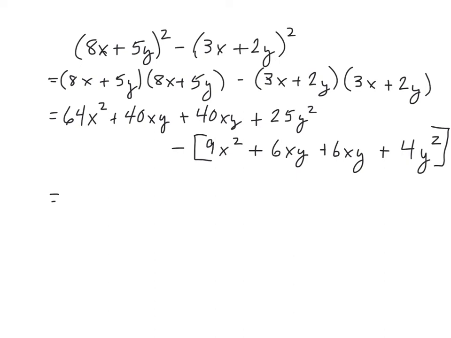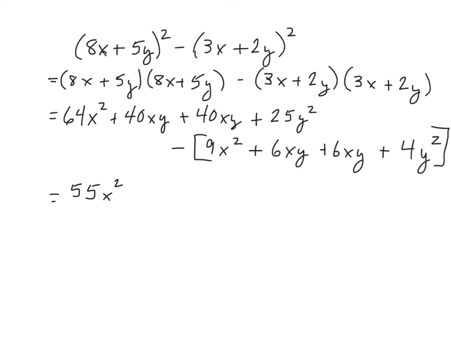We've got 64x squared minus 9x squared, and 64 minus 9 is going to make 55x squared. Then we have 40 plus 40, that's 80xy, minus 12xy, 6 plus 6.